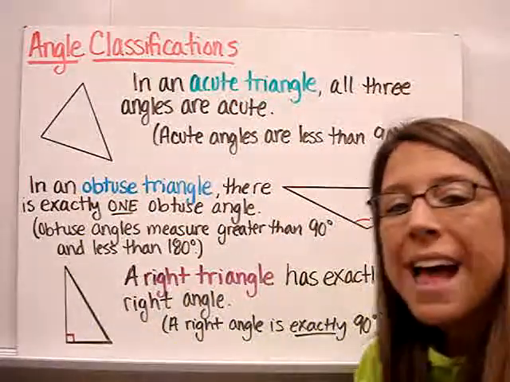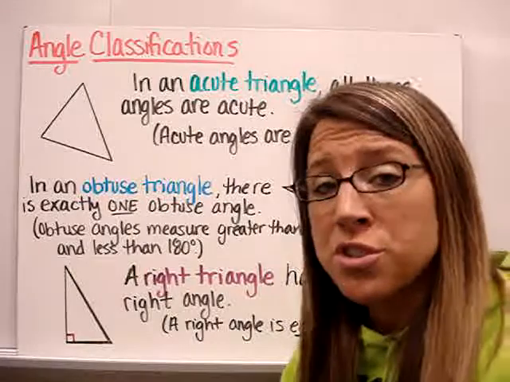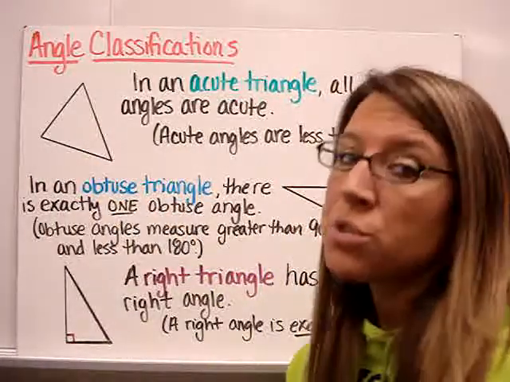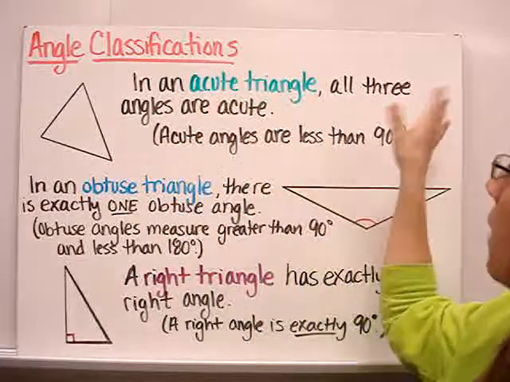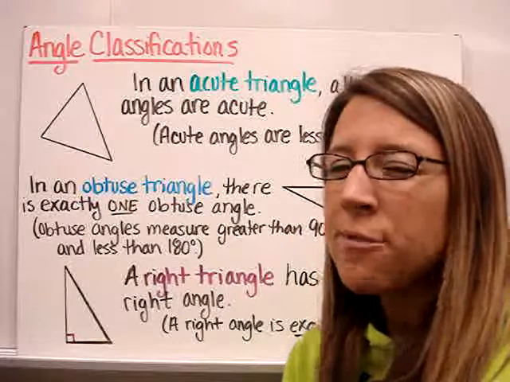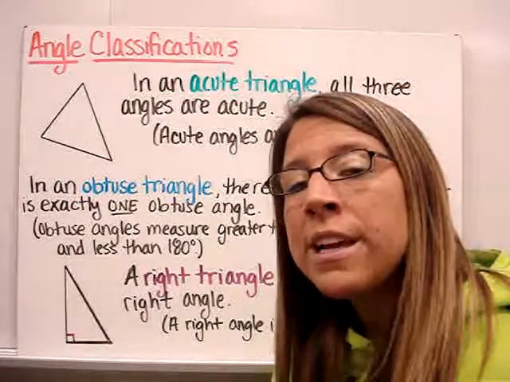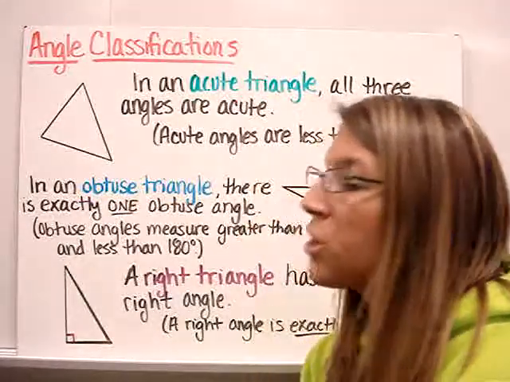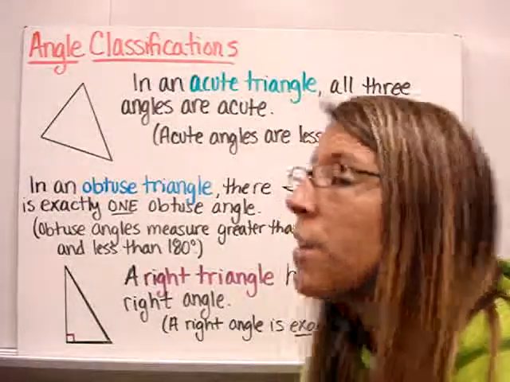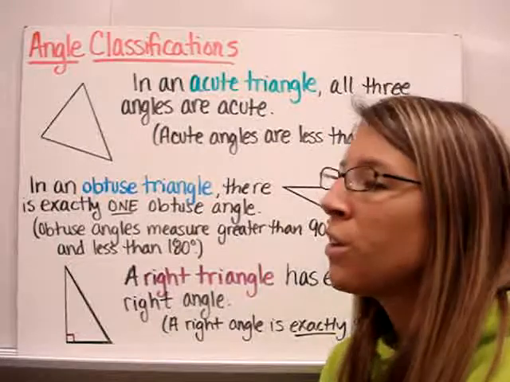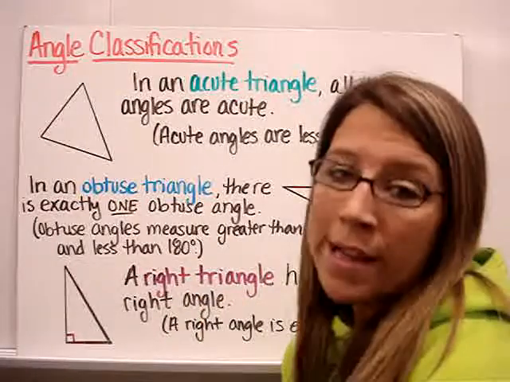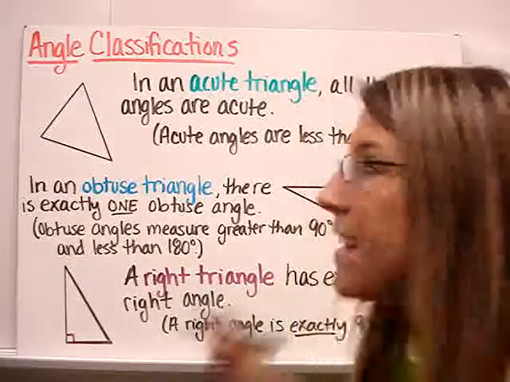We can also classify triangles based on the measures of their angles. This triangle is an acute triangle. In an acute triangle, all three angles are acute. This would be a good time for me to tell you that in every single triangle, regardless of the type of triangle, regardless of the size of the triangle, the measures of the three angles inside it will always add up to 180 degrees.